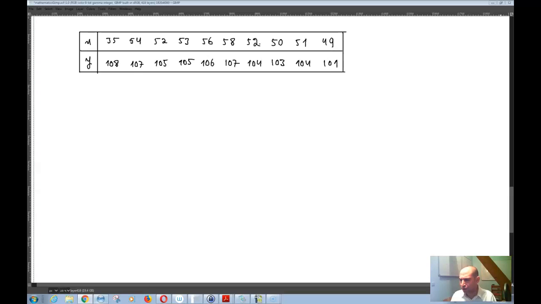Okay, so these are individual observations, and it seems that it does make sense, although I don't understand really how. Over here, I can see that the mean is 51 for these observations X, and the mean over here is 105 for these observations.